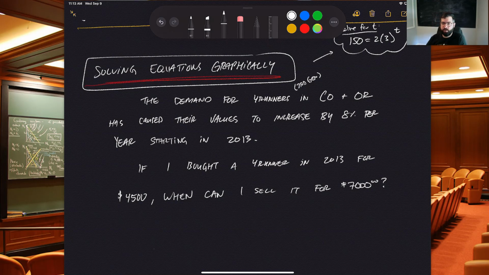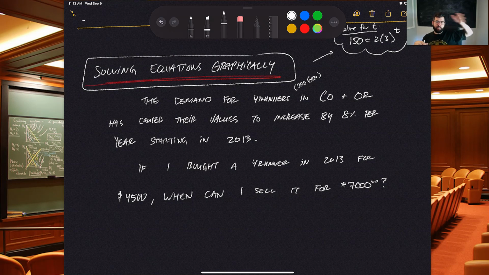So out in Colorado and Oregon, there's a huge demand for third generation Toyota 4Runners. They're these trucks that last forever. People get them to 500,000 miles. And so their prices have been inflating out in the West more than they have on the East Coast. So it hasn't been 8%.